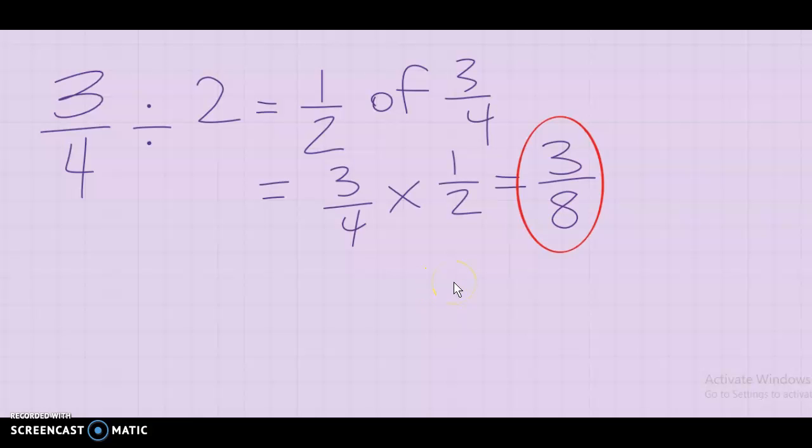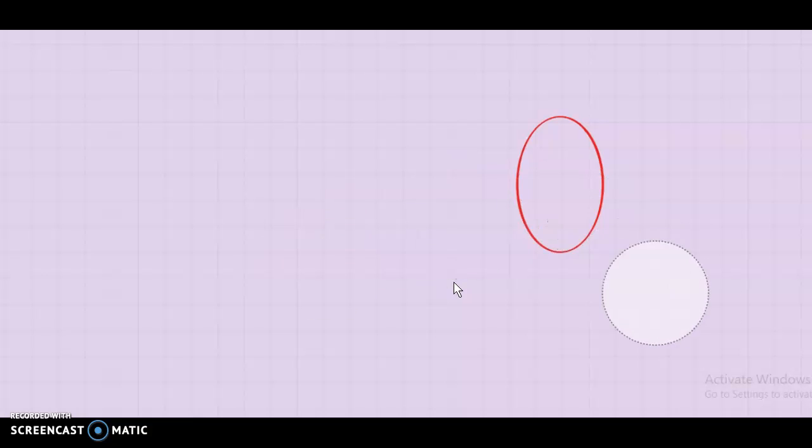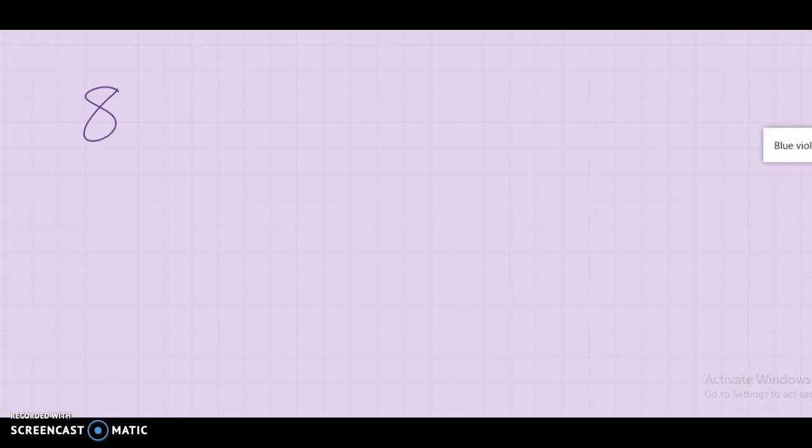Now let's take a look at another problem. Okay, let's look at 8/9 divided by 4.